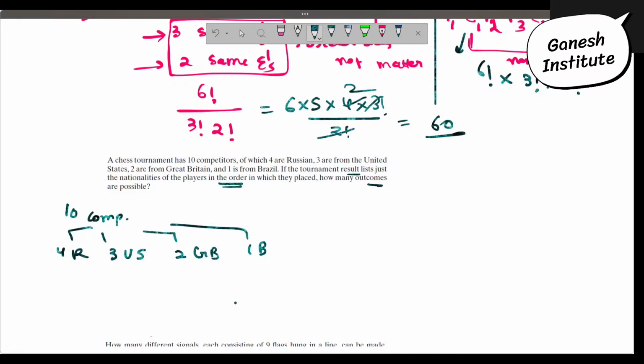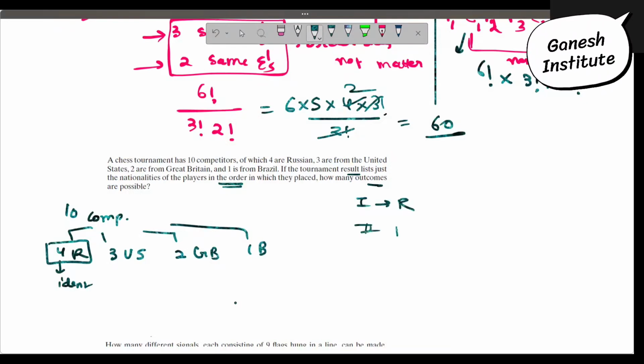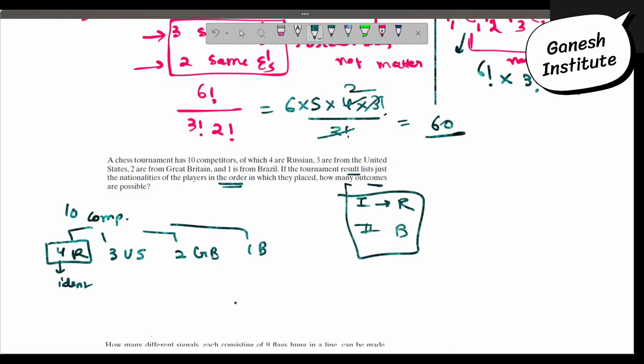That means they are treating 4 Russians as identical. They are going to just put in the result that first Russia, second Brazil, ranking as per the nationality. So that means this is not the case of non-identical.